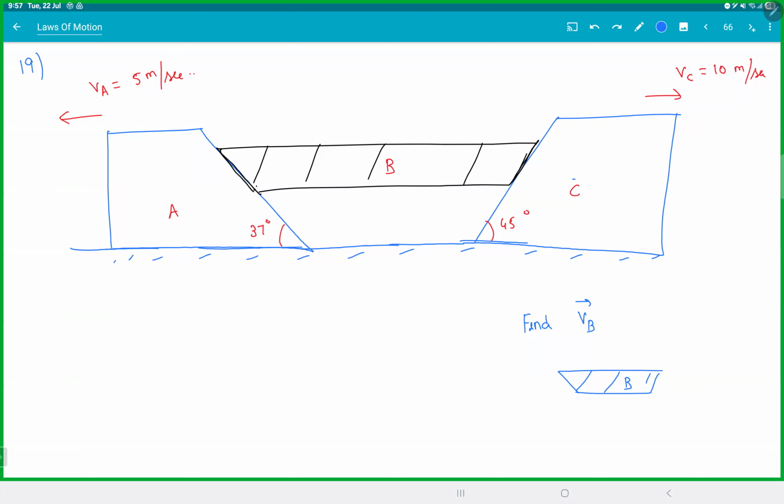How do we do this? How do we start? Vx and Vy.